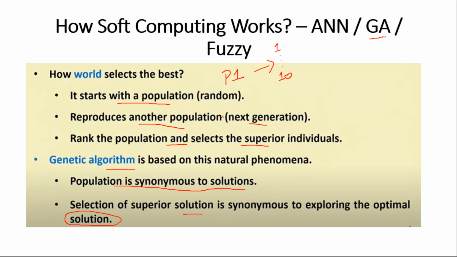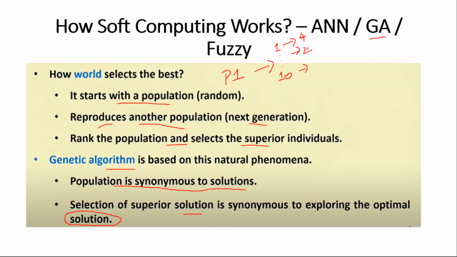Then what you do next is go for reproduction. How do you reproduce? You rank all these solutions. There are 10 solutions, and you rank them: maybe the rank of the first solution is 4, the rank of the second solution is 2, the rank of the third solution, and so on, you rank all the solutions.